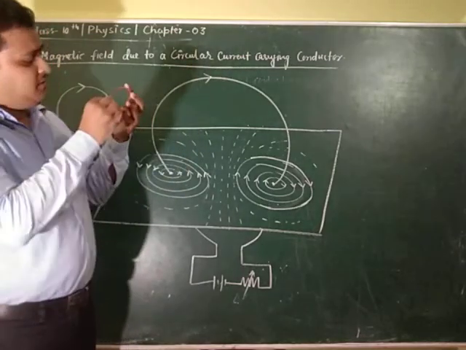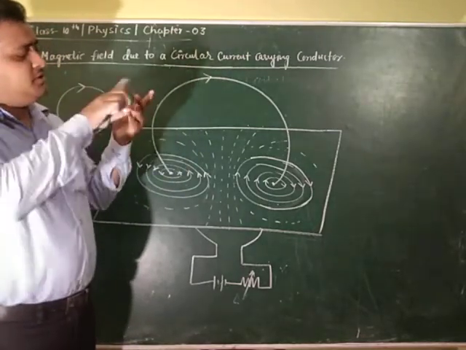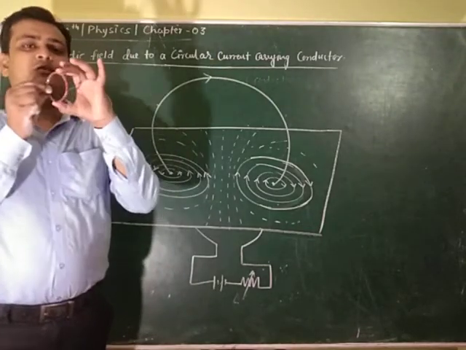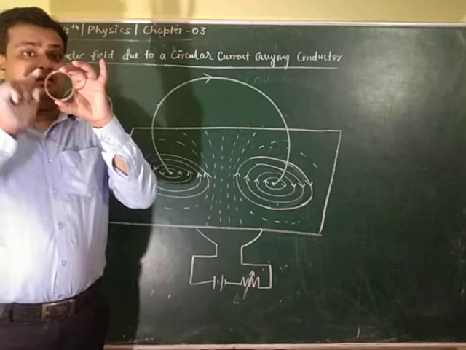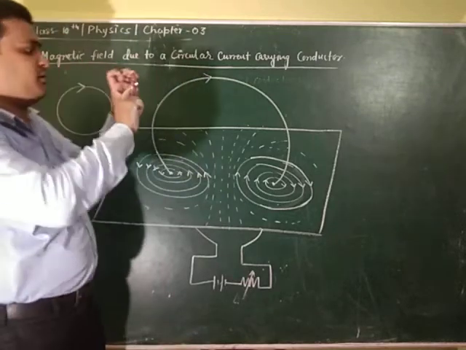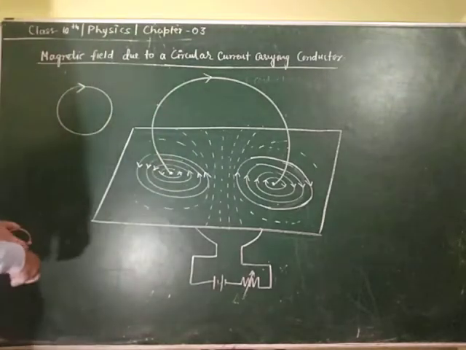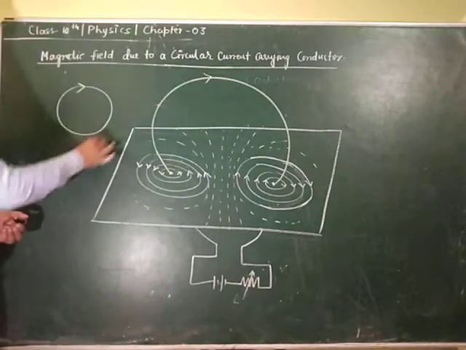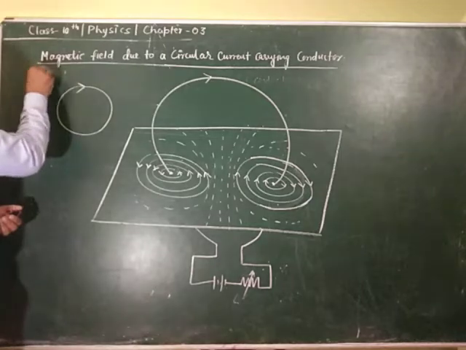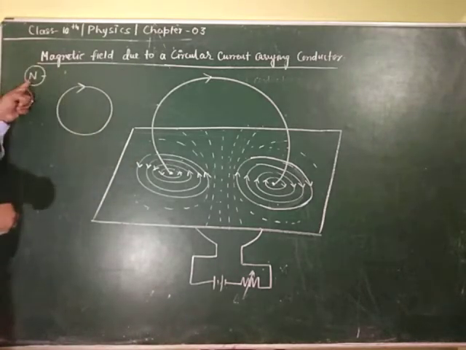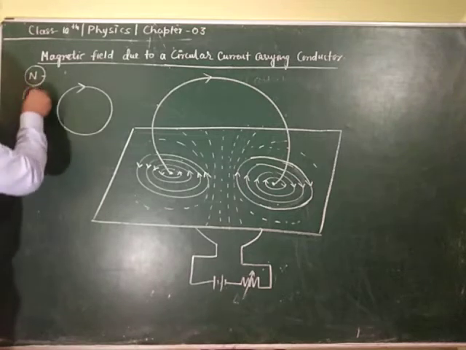If the current is moving in this direction, it has two faces, the upper face and the lower face. The lower face is backward, and the front one is the upper face. One face will represent north and the other face will represent south.